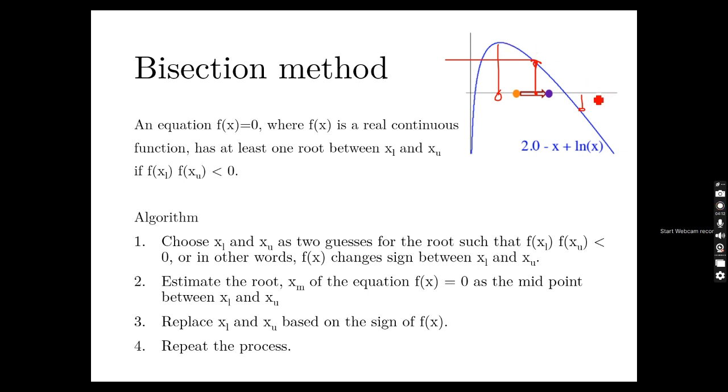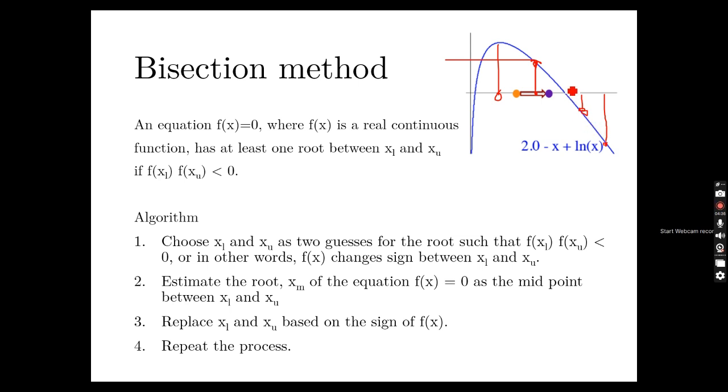Similarly, if we take both the points on the lower side of the x-axis, we get two function values where both f(xl) and f(xu) are negative. So their product is a positive number, right? So that means we don't have a zero between those two xl and xu values.